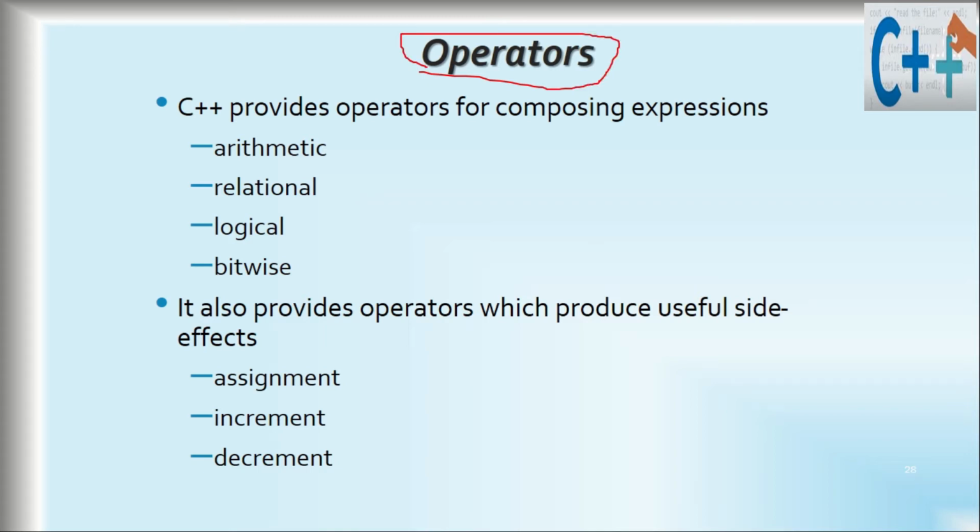Operators, okay. C++ provides operators for composing expressions. These are arithmetic operators, relational operators, logical operators, bitwise operators. Arithmetic operators, as we know, contain plus, minus, multiplication, and division. Sometimes modulus.